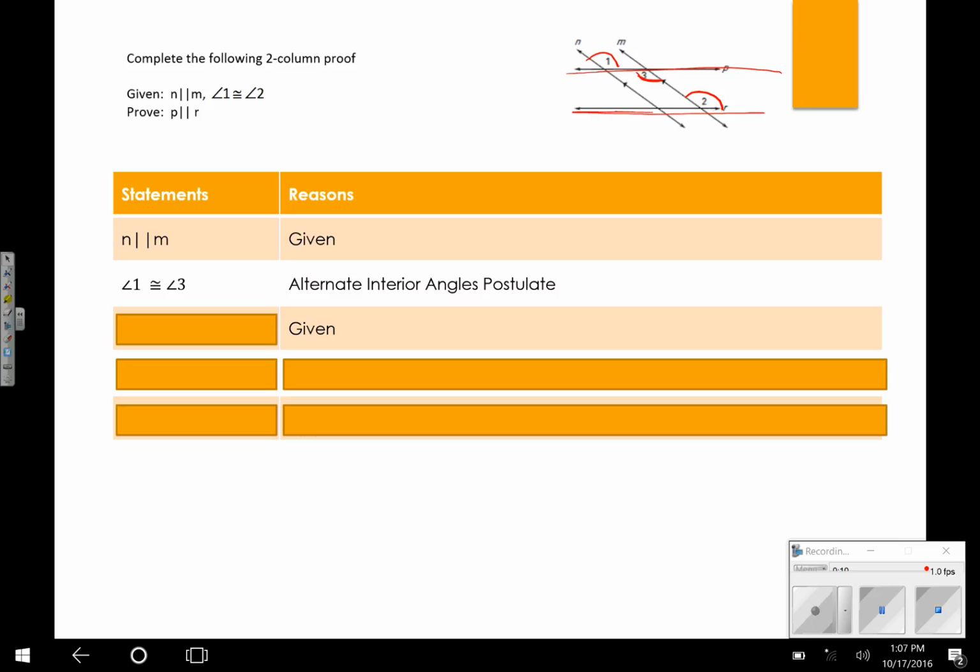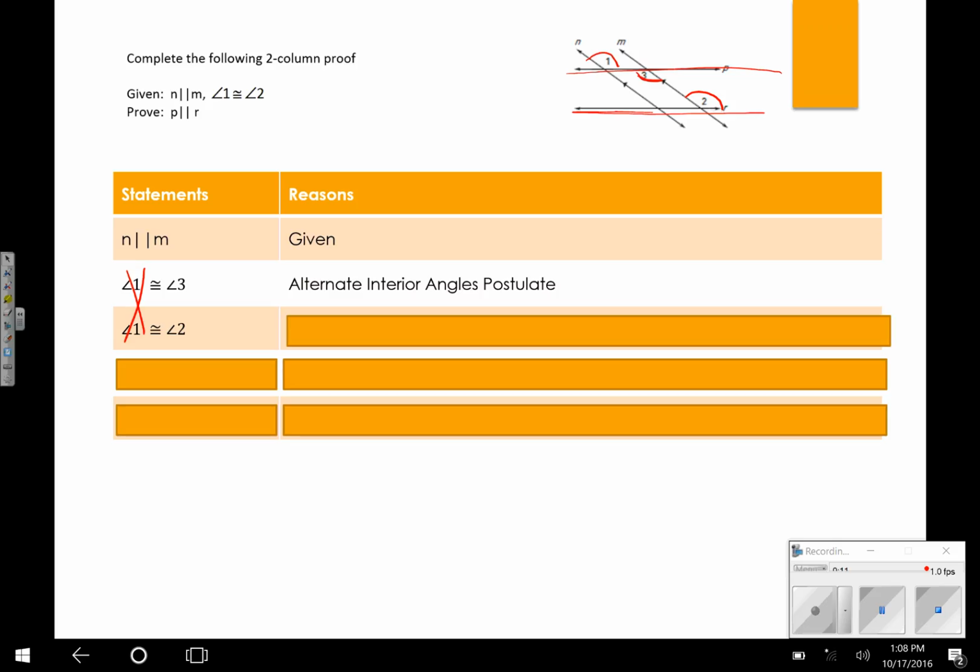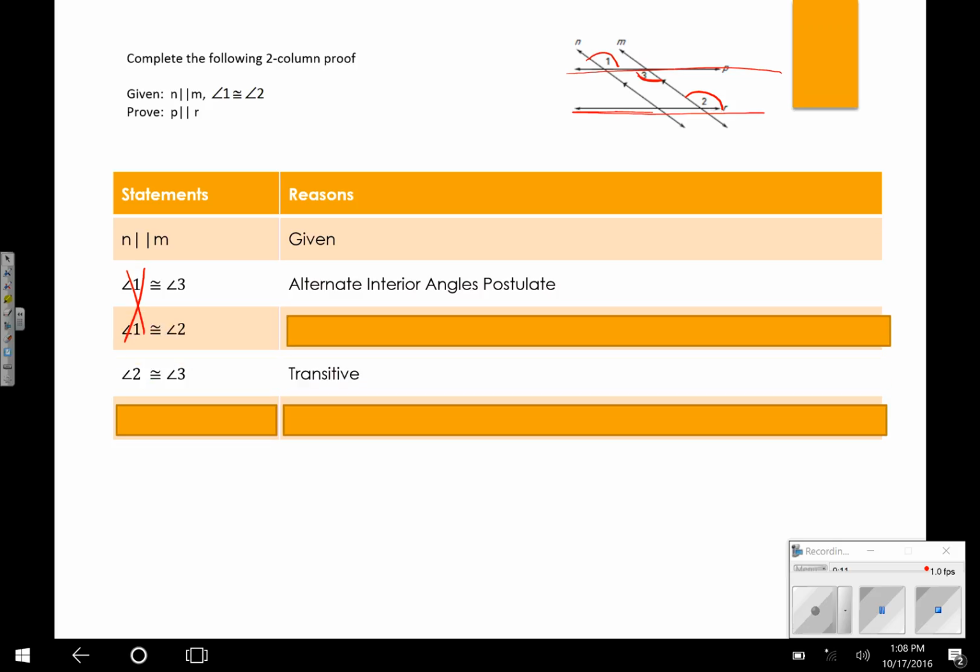So angles are congruent, we use the postulate or the theorem. Then I'm going to state that 1 is congruent to 2, and that's given. So since I've got 1 congruent to 2 and I've got 1 congruent to 3, hopefully you're seeing now that we're taking out the middleman, and we're going to jump to 2 is congruent to 3 by the transitive property.